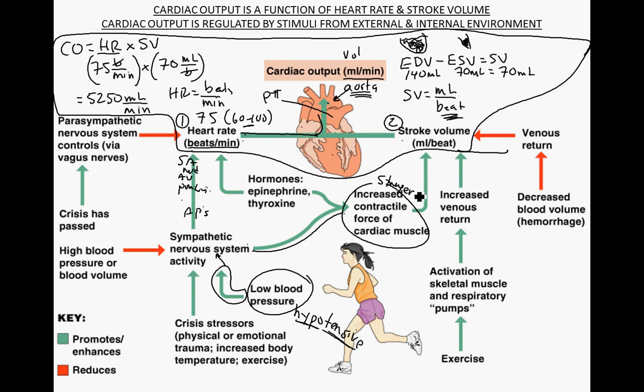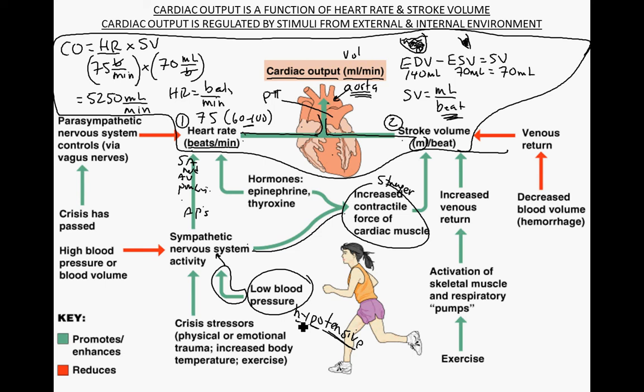So with more force, right, stronger beating means that each time you contract, the volume of blood that's going to leave that heart is also increased. So the hypotension will stimulate both the increased stroke volume and an increased heart rate, which leads to greater cardiac output, which is then going to serve to then reverse this hypotensive situation. Okay.